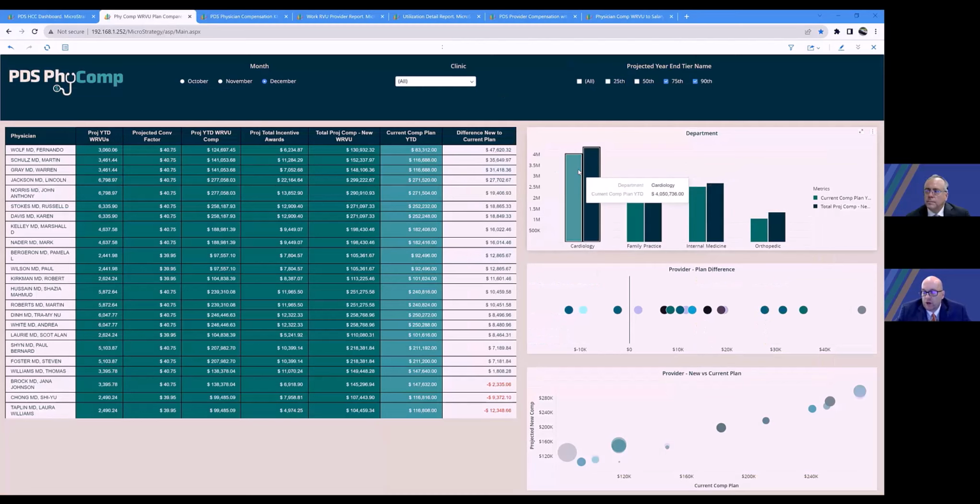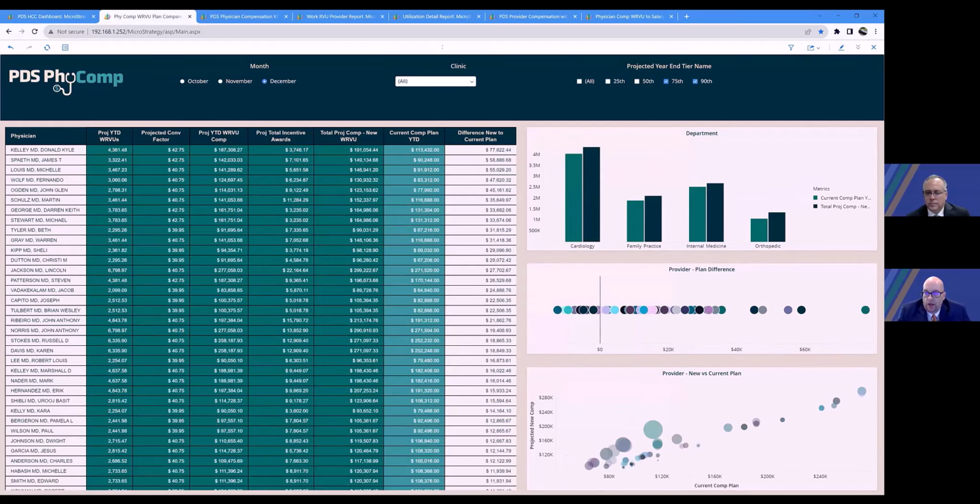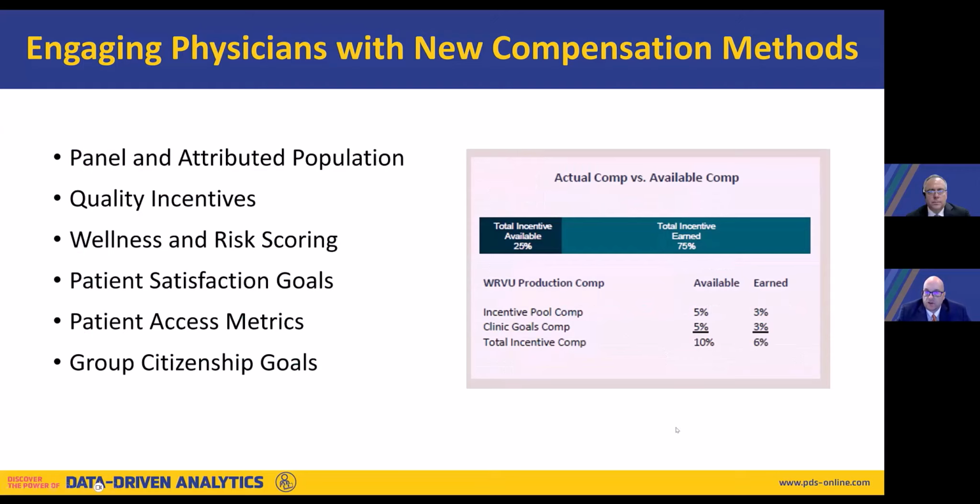And if we're even thinking of moving to a new plan, before we start modeling it out, let's start engaging these physicians. Let's start engaging them with the new metrics that they're going to be based on, and start showing them panel numbers and attributed populations that they have.